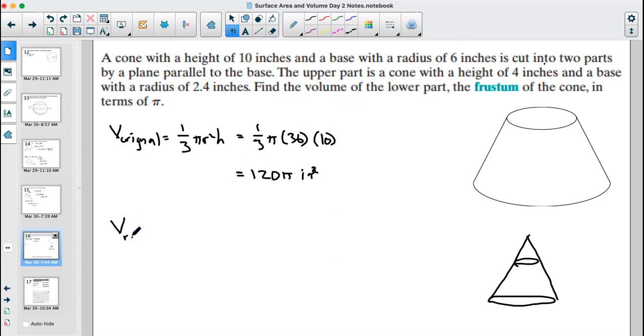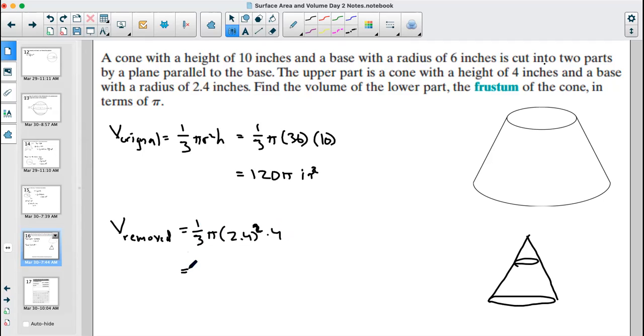I'll call that the removed volume. That's 1/3 pi times that radius, which was 2.4 squared, and that height was 4.